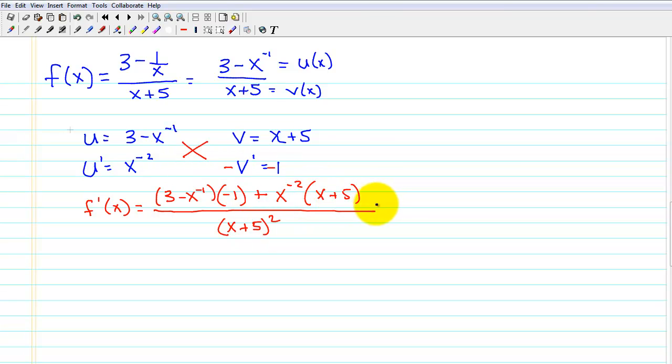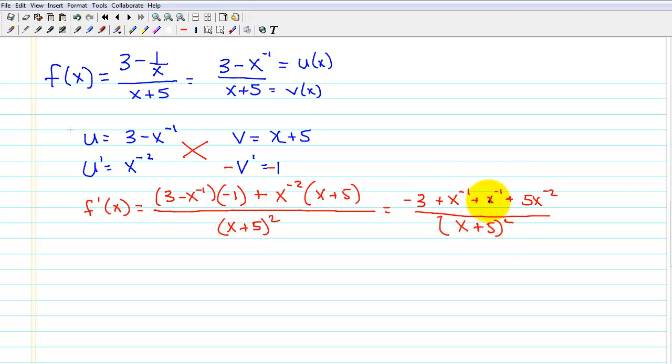So now we need to simplify our numerator, so we distribute first. We get negative 3 plus x to the minus 1. And when we distribute here, x to the minus 2 times x is plus x to the negative 1, and plus 5x to the negative 2, and that's all over our denominator squared.